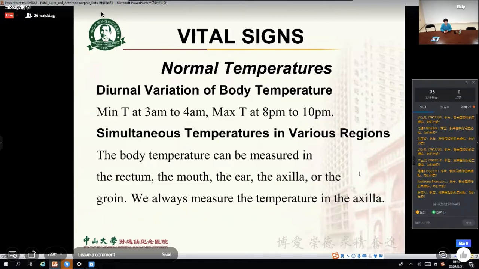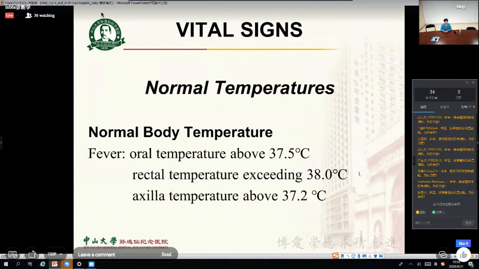So these are different locations of the body where we can take body temperature. The normal body temperature is anything lower than these figures.